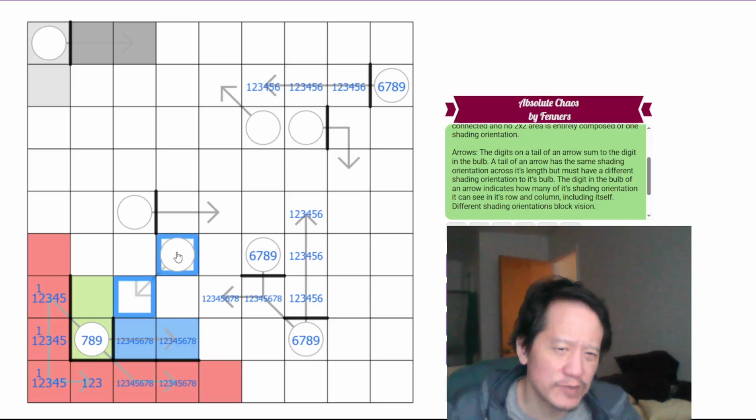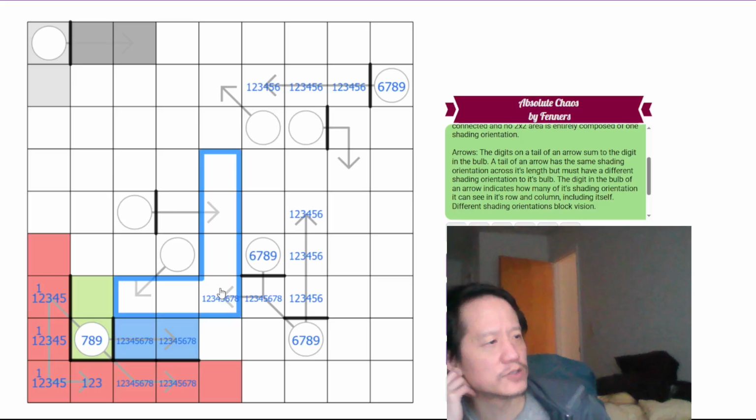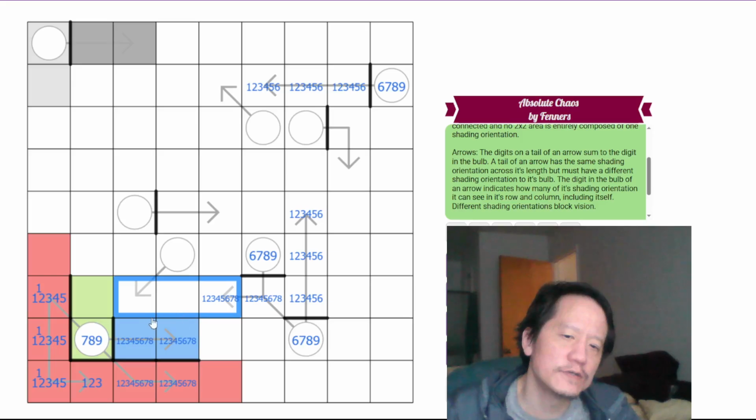Technically, I guess this could be red down here. Unlikely. Everything is 27 in size. For this to go, how does that work?